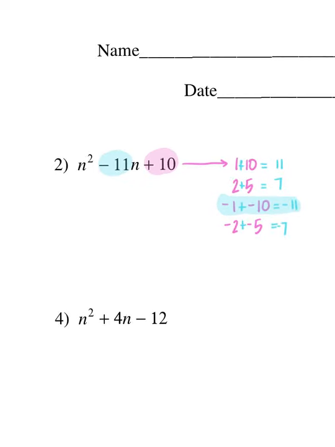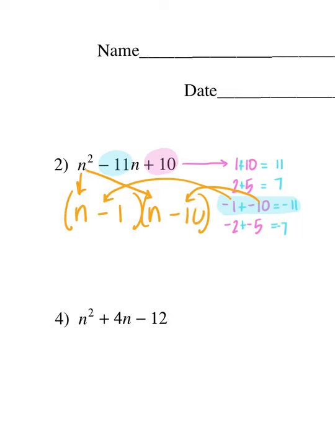So again, I'm going to write my parentheses and split my n, one there, and then plug in my -1 here and my -10 here. So -1 times -10 gives me positive 10, but -1 plus -10 gives me -11.